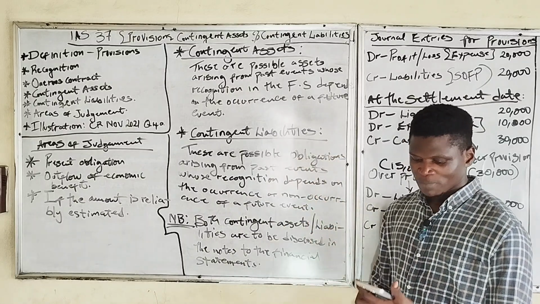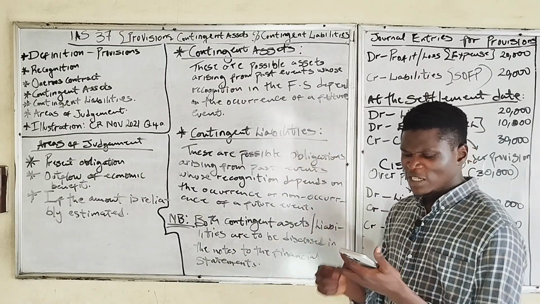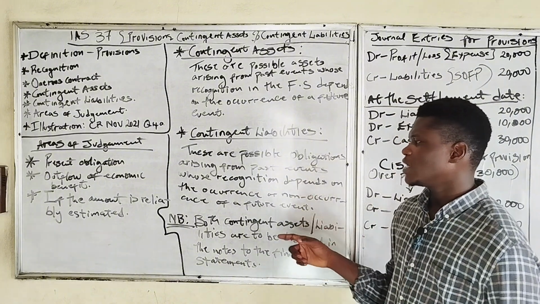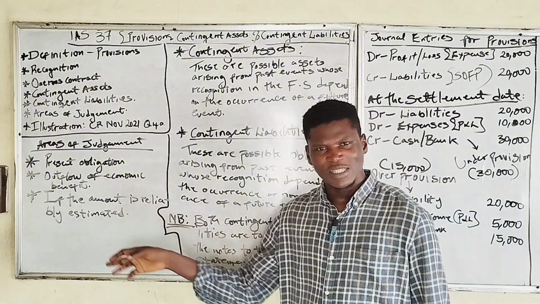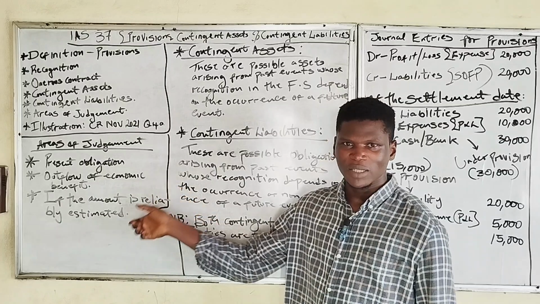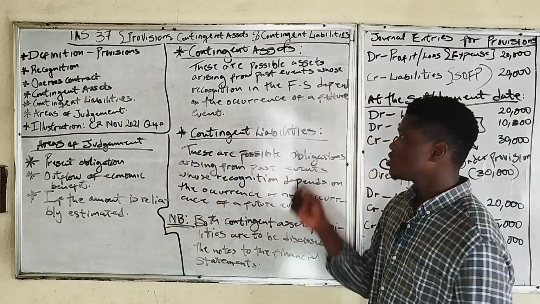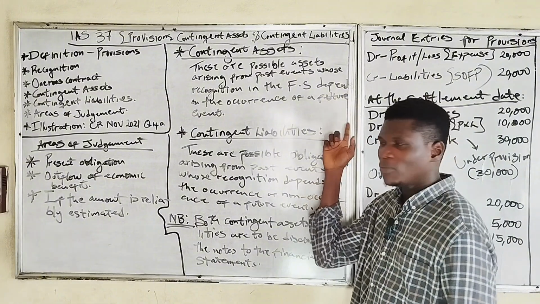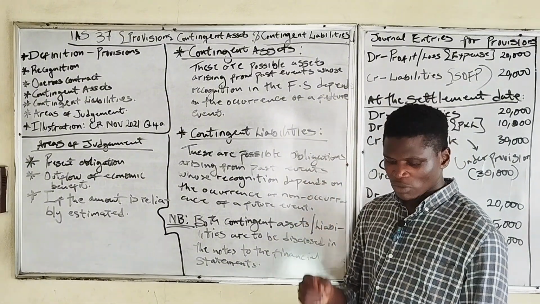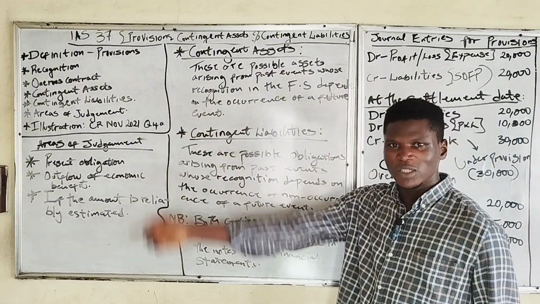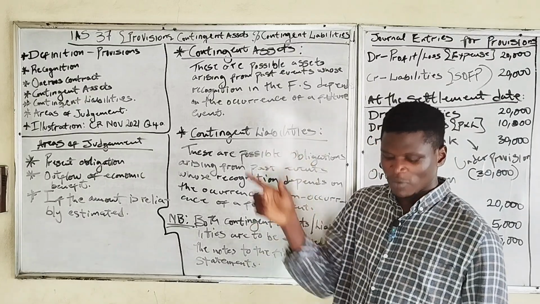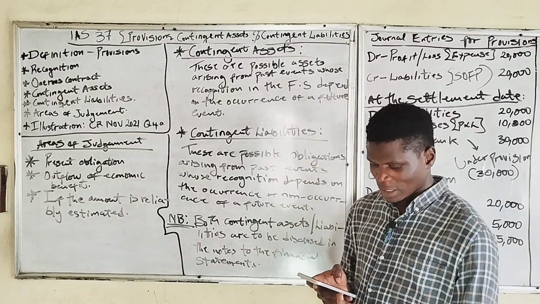If you check the question, they said the person claimed the sum of 50 million. One of them is that it cannot be reliably estimated. That's one, which is why it cannot be a provision. It is a contingent liability. Then secondly, it is as a result of future events. The recognition will be depending on future events, which is the court case now.